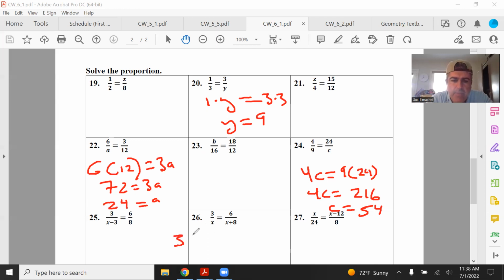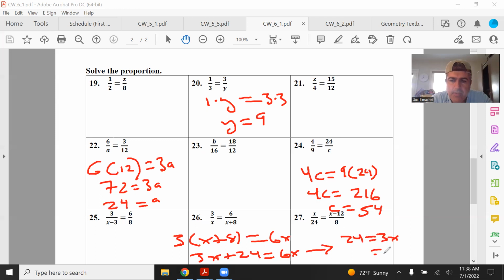You have 3 times x plus 8 equals 6x. If you distribute, you get this. Continue solving it. 24 equals 3x. X is 8.